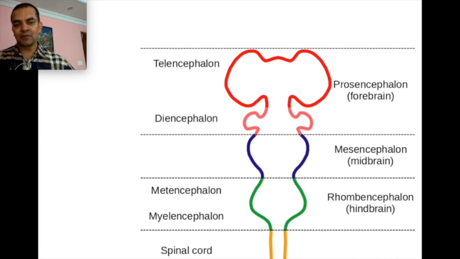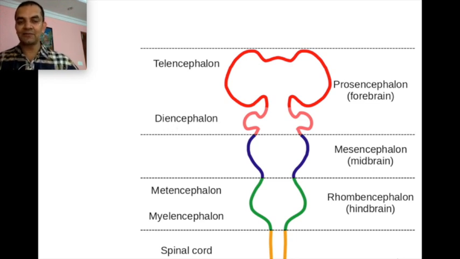Looking at the developmental point of view, the cranial part of the neural tube differentiates into three vesicles: prosencephalon, mesencephalon, and rhomencephalon. Prosencephalon differentiates into the telencephalon and the diencephalon, and diencephalon is the one which we are discussing today.